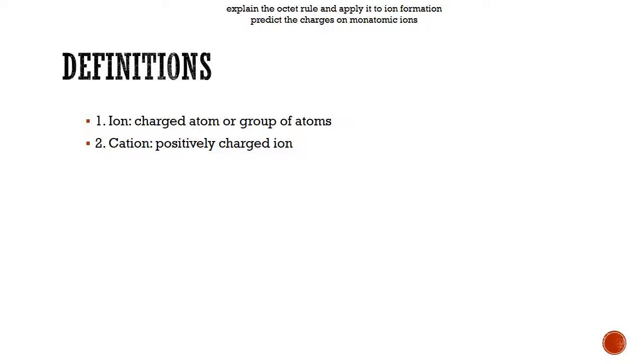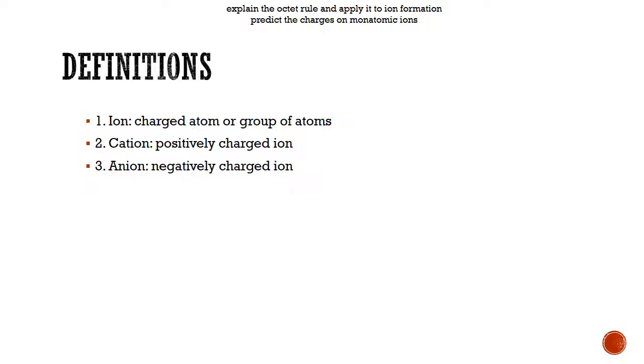Just a few definitions before we dive into some examples here of forming some charges and some ions. An ion is simply a charged atom or group of atoms. A cation is a positively charged ion. An anion is a negatively charged ion. You'd think it might be called a dog ion if we call them cations.